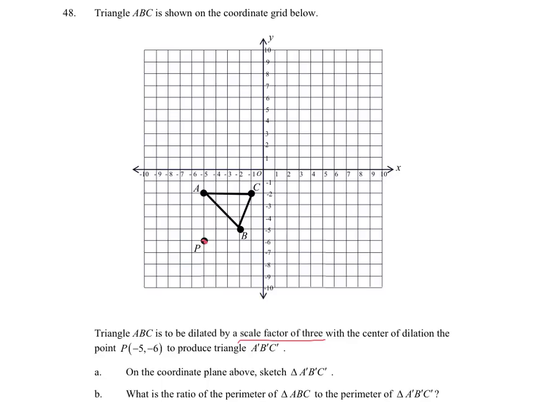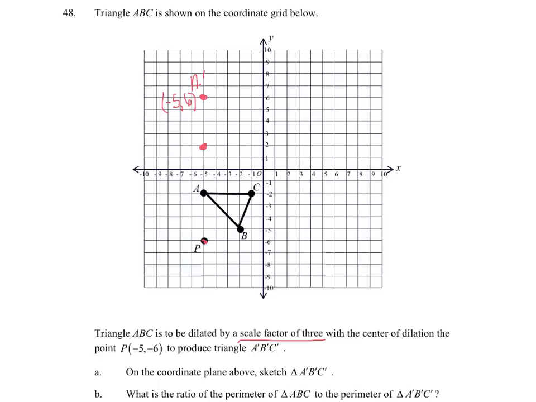Then we have 1, 2, 3, 4. Here's the second one. And then I'm going to go up 4 again. 1, 2, 3, 4. And I'm going to have A prime, which is going to be at -5, 6. So that's my A prime.